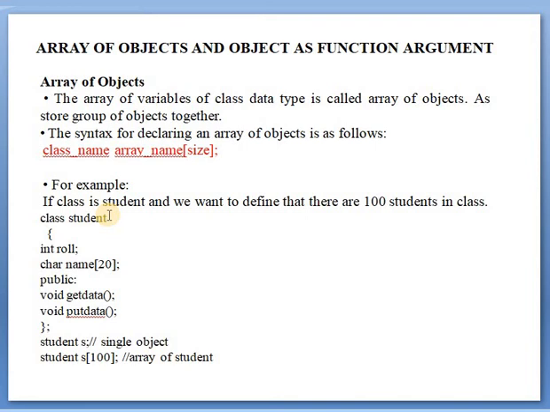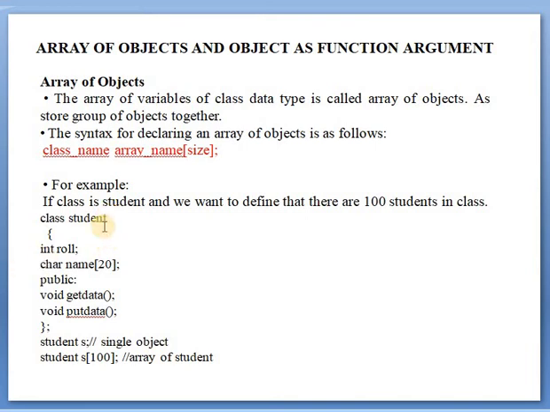If we use this class for 2 or 3 students, then we can just create 2 or 3 objects. But if we want to get and display the data of 100 students, we cannot declare that many objects of the same class. In this case we can use an array of objects.